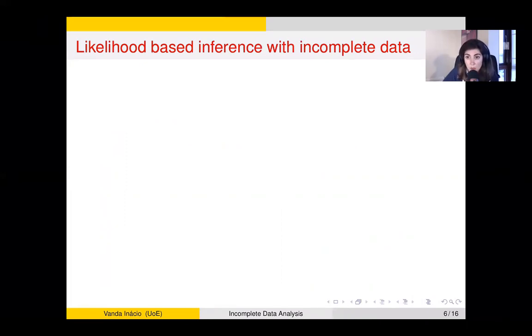But let's see what we need to assume and how to reach that point. So we have our model for the full data, f of y, r given theta, the parameter of the complete data, and psi, the parameter of the missing data mechanism. And I know that I can further partition y into its observed and missing parts, correct?